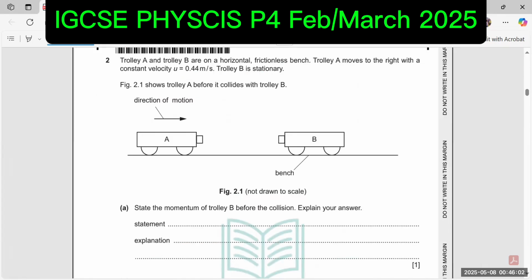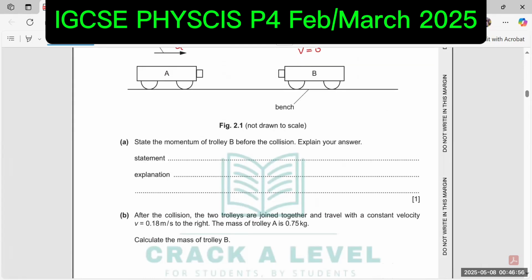Question number 2, trolleys A and B are on a horizontal frictionless bench. Trolley A moves to the right with a constant velocity, and trolley B is stationary. So trolley A is moving and trolley B is not, so the speed of trolley B is 0. Question A, state the momentum of trolley B before the collision.